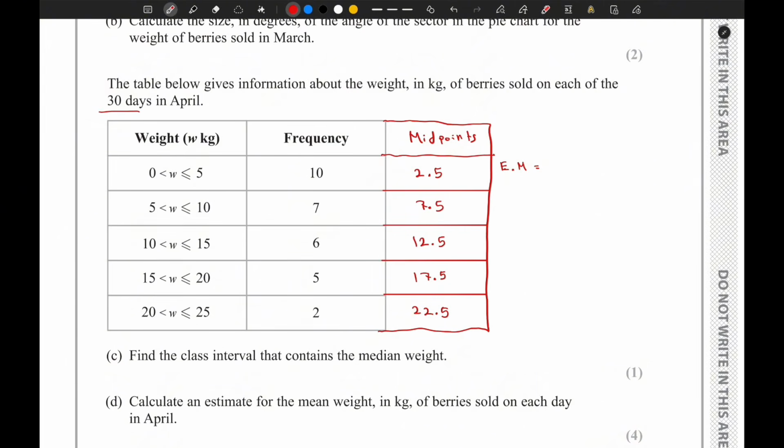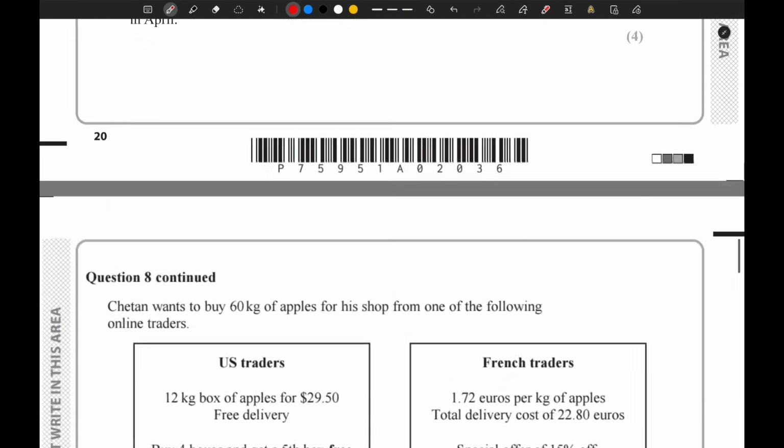So 10 times 2.5, that's 25, and 7 times 7.5, that's 52.5, and 6 times, wait, let's just do this on the next page.